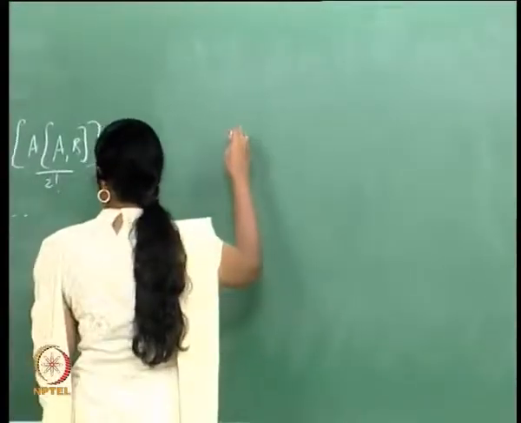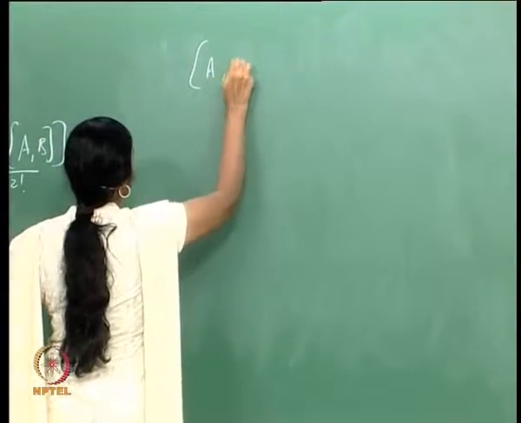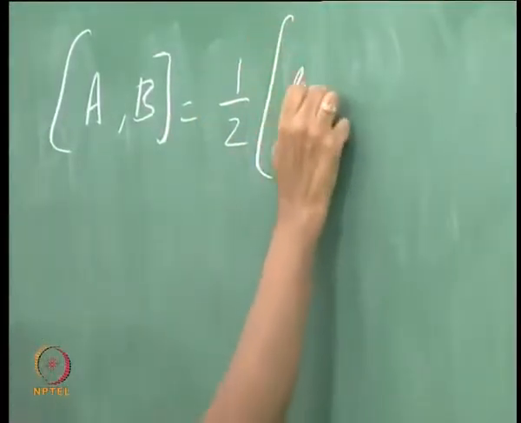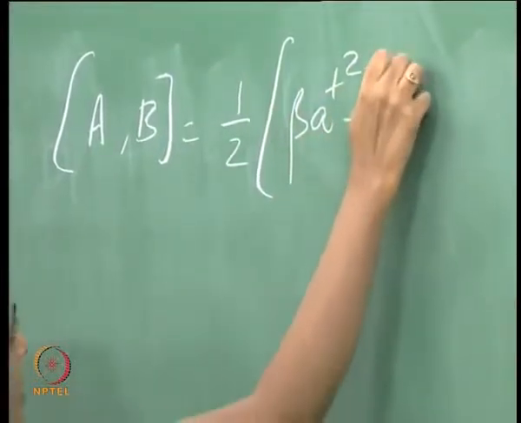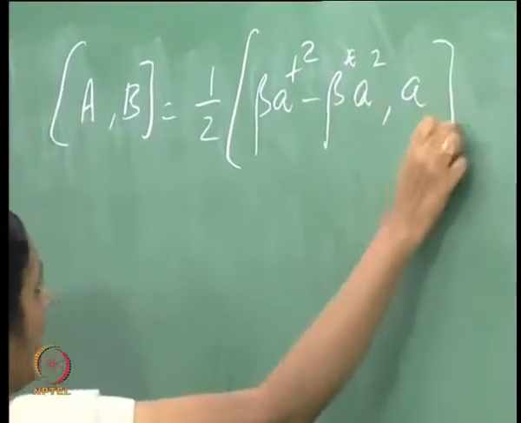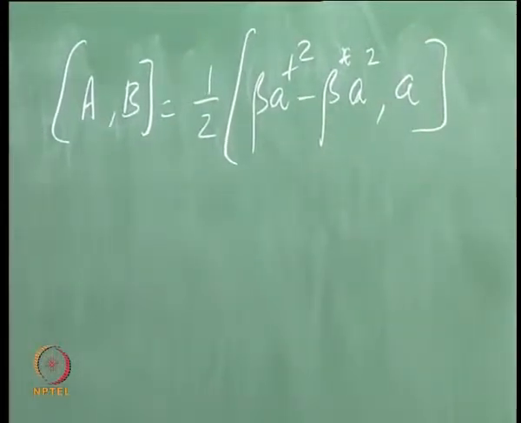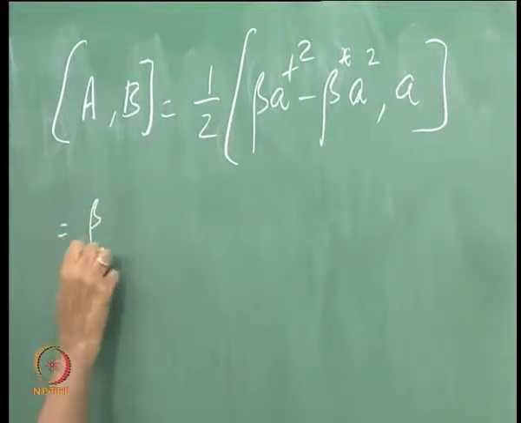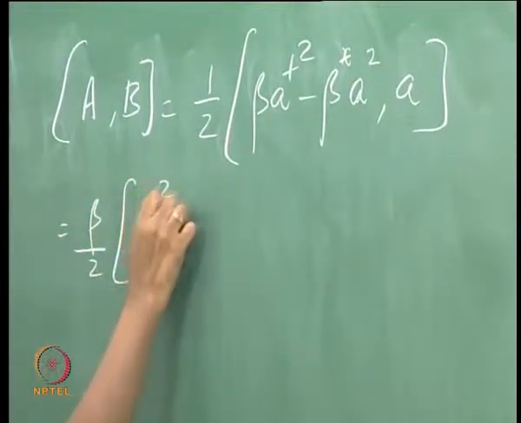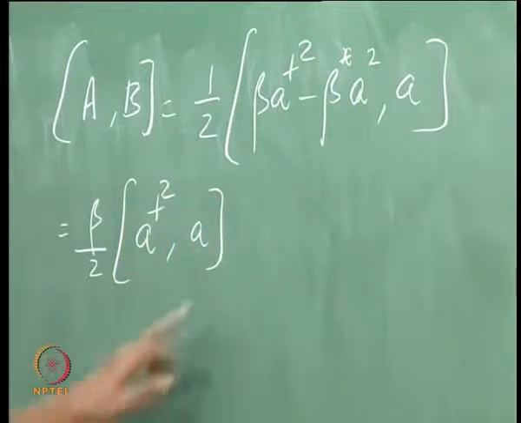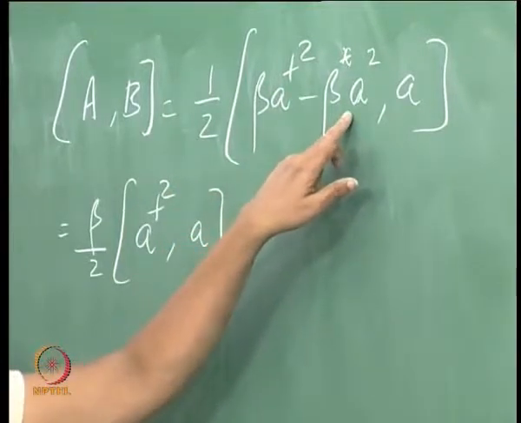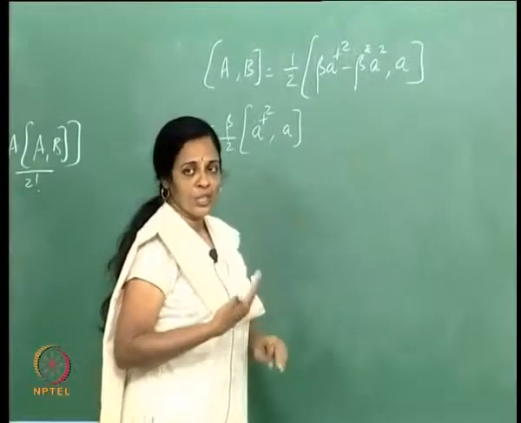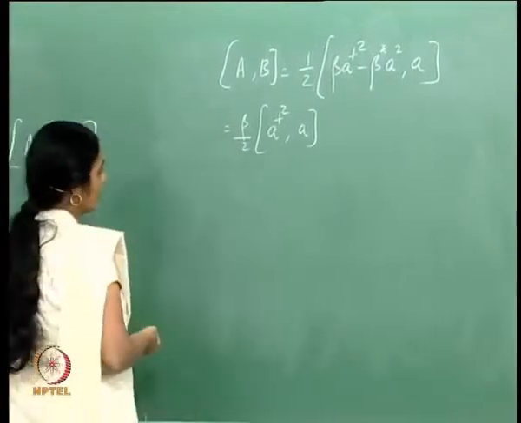So, we have commutator of A with B is half beta a dagger squared minus beta star a squared with A. Certainly the first term contributes. I pull out a beta and I have commutator a dagger squared with A. The second term here commutes with A because there is an A squared here and there is an A there, and any object commutes with itself or its powers.